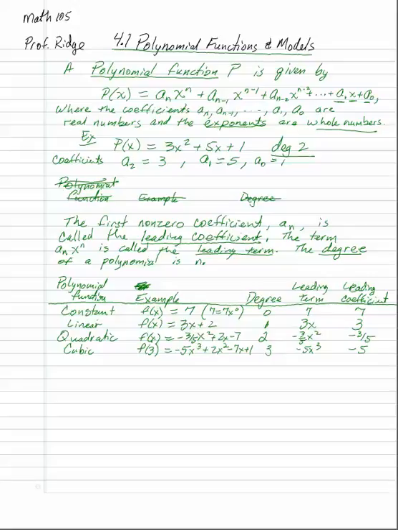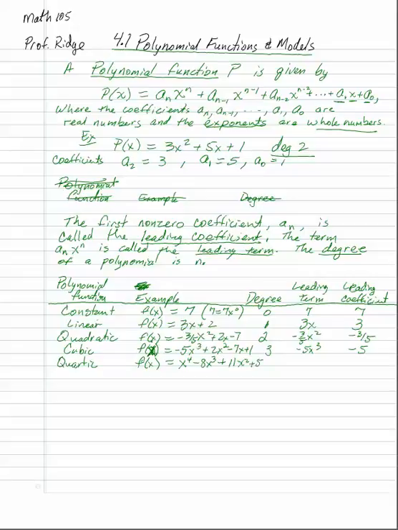And then we have a quartic polynomial, that's degree 4. F of x is, say, x to the 4th minus 8x cubed plus 11x squared plus 5.